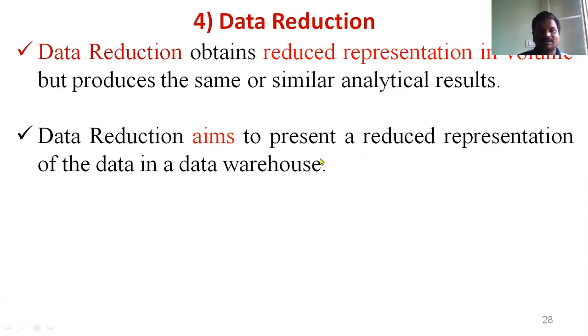That is the important thing, and the main aim: you always reduce the size of the data. You store the data in a data warehouse. Why? Because every day you are generating a large amount of data, and you have to store it. That's why you have to reduce the size of the data.